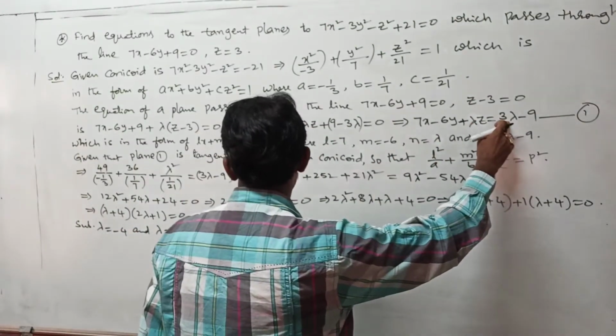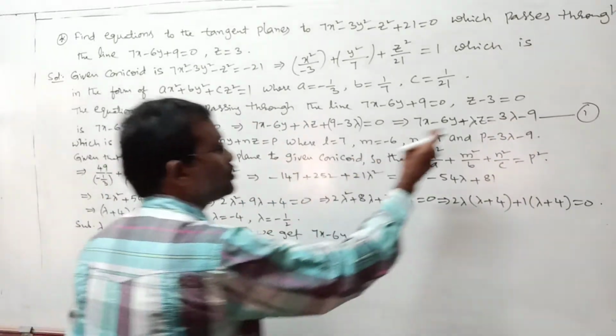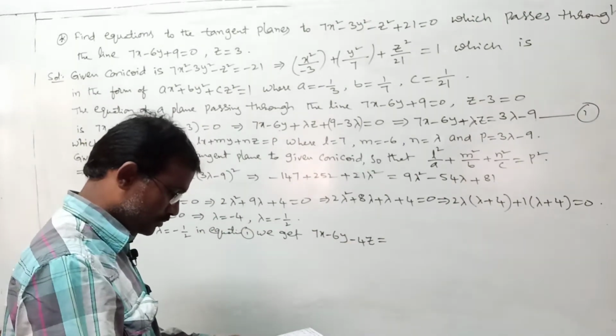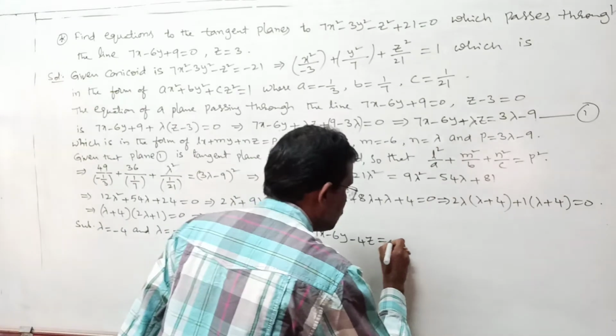Minus 4 means it is minus 12 minus 9, minus 12 minus 9. It is minus 27. Minus 12 minus 9, minus 21, sorry.